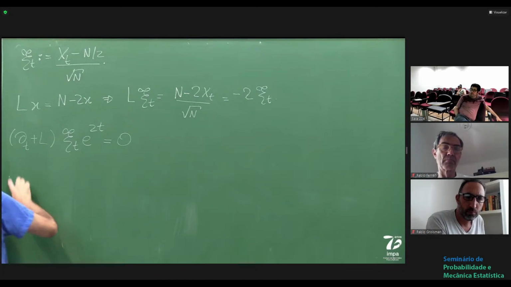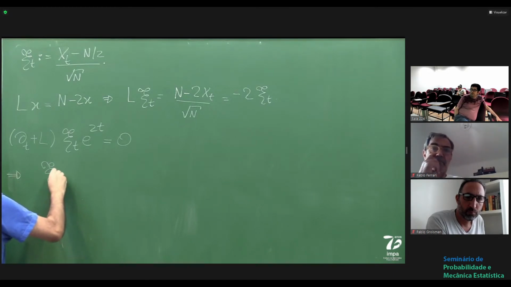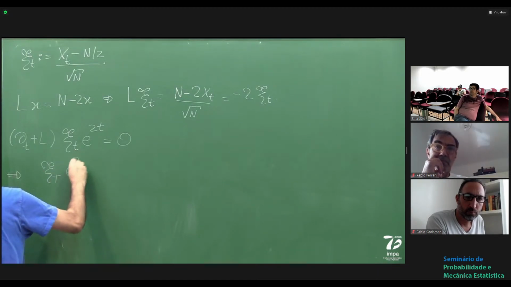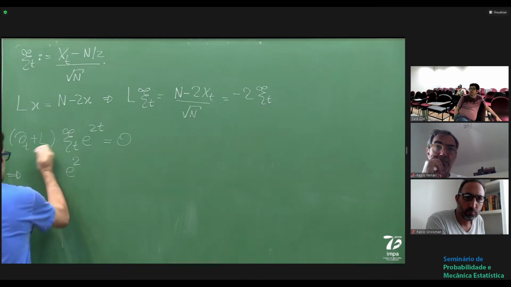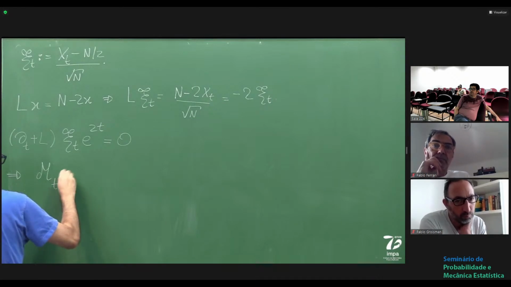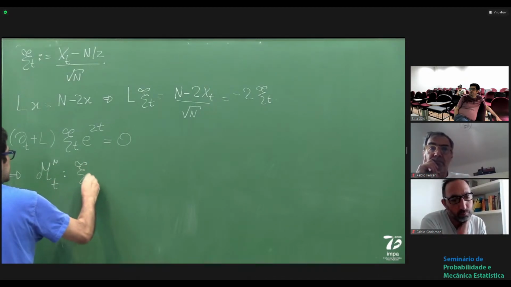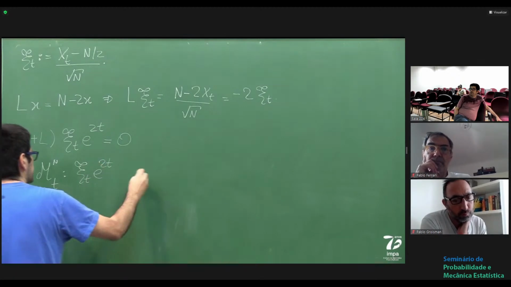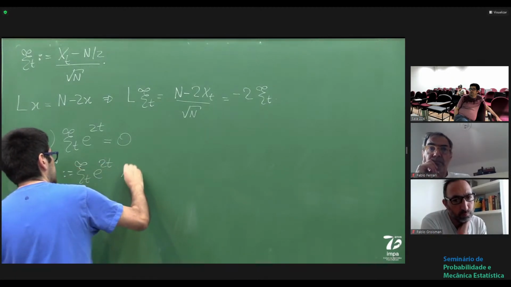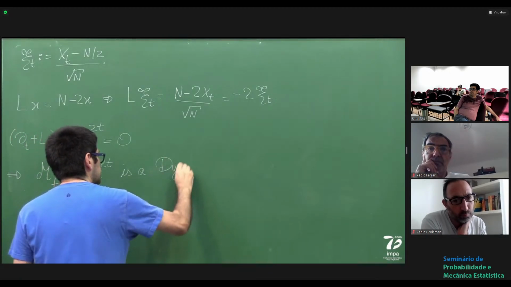It means that this object here, M of t, which depends on n, equal to psi t times e to the 2t, is a martingale. And it's actually a Dynkin martingale.